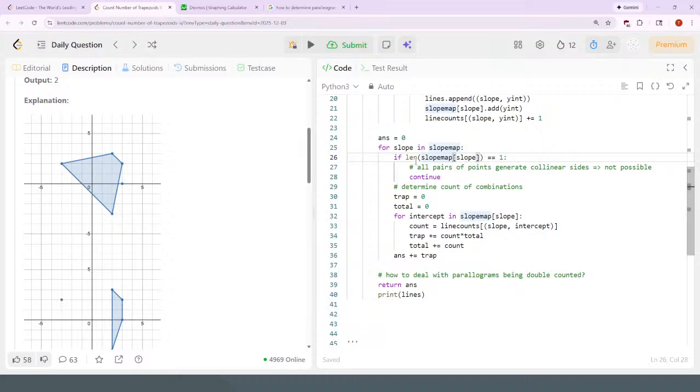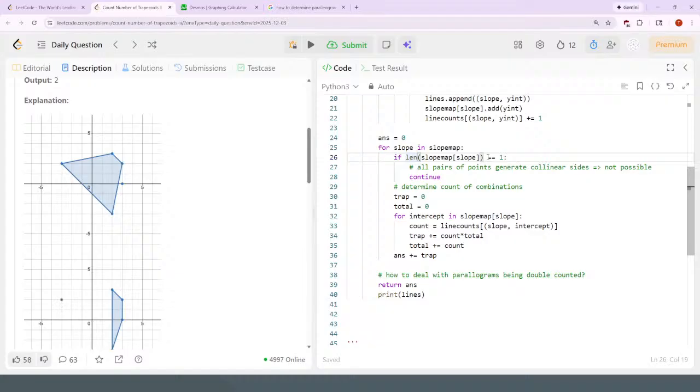So the count. So the mapping needs to be slope, y-intercept to the list of lengths for that. The list of lengths, because I can't just have a count.